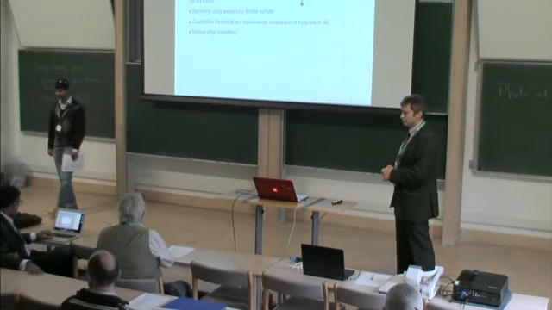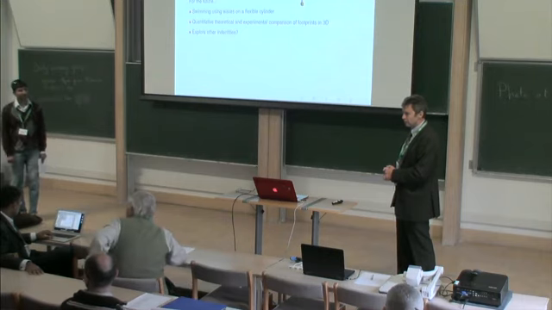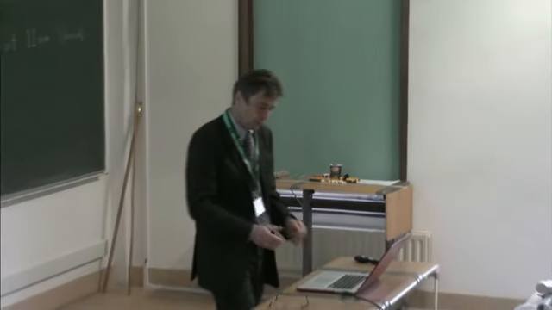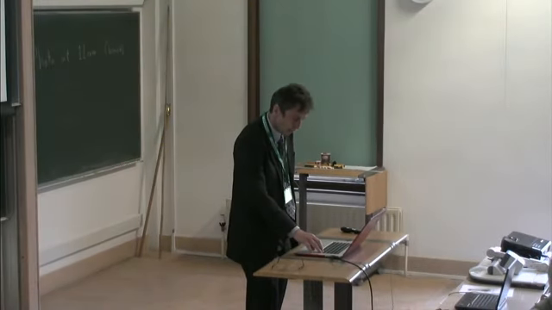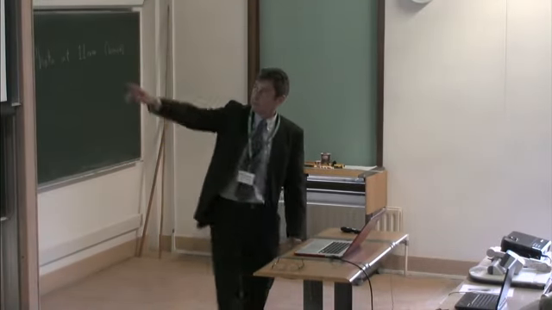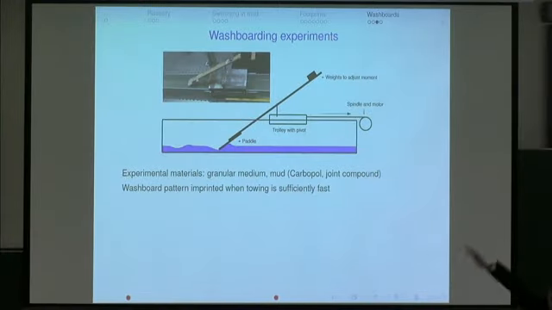What sets the wavelengths of the washboard? And couldn't you do some simple scaling analysis to get some sense of what's going on? We certainly tried that. In this particular case, this is like a pendulum, especially in the first problem where it was a pendulum at 90 degrees.